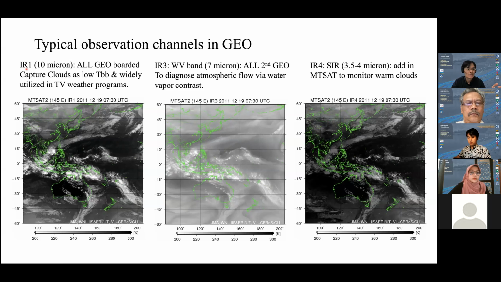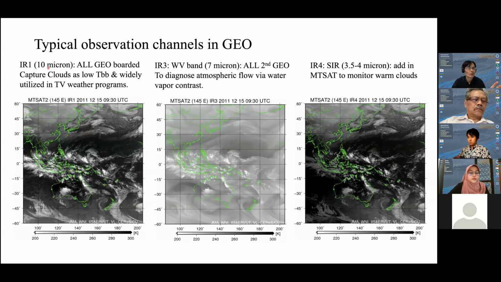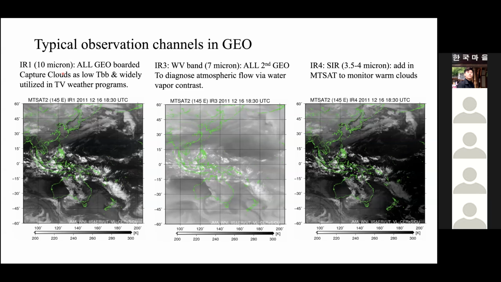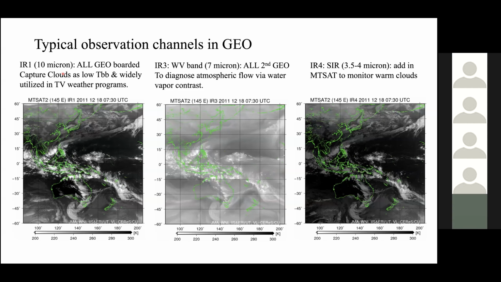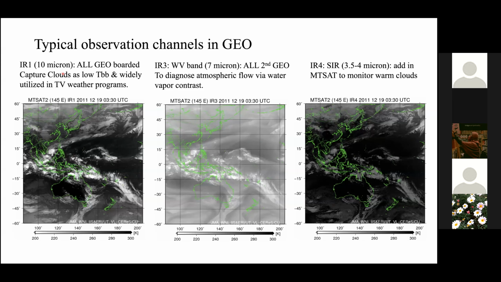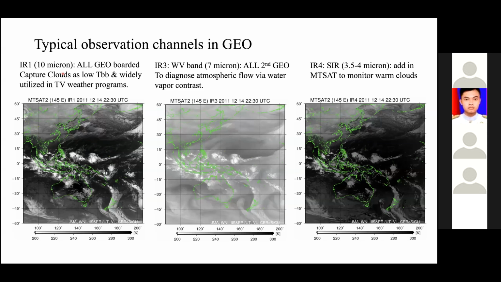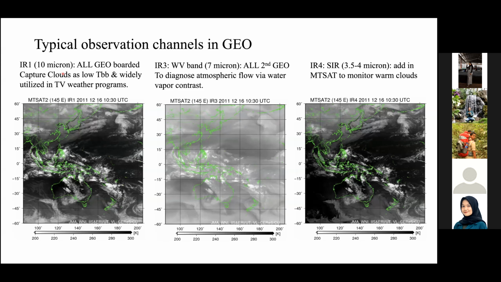All geostationary meteorological satellites carry this channel. 10 micrometers is the window of the atmosphere, and the main peak of the Earth's radiation is also centered at 10 micrometers. This wavelength is very useful for observing surface conditions, such as surface temperature.